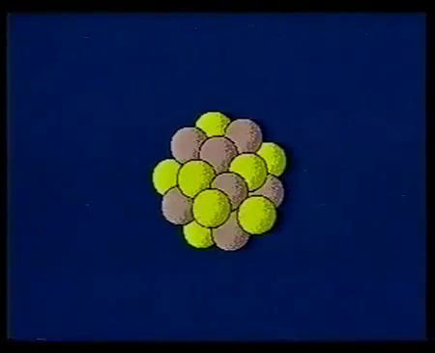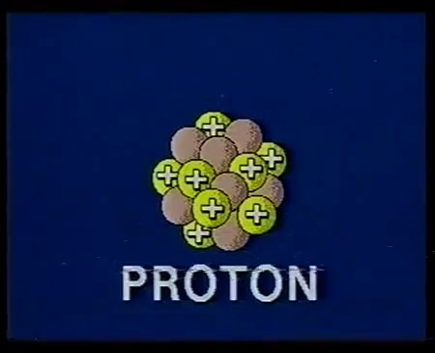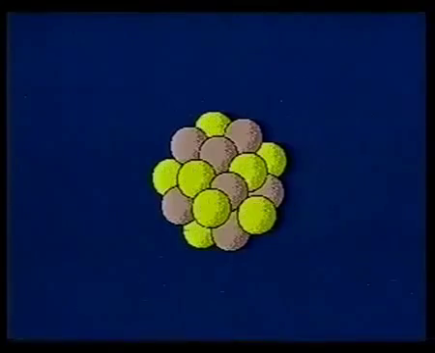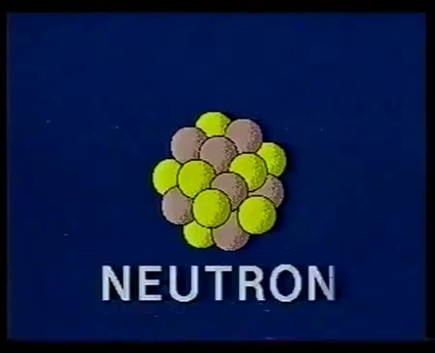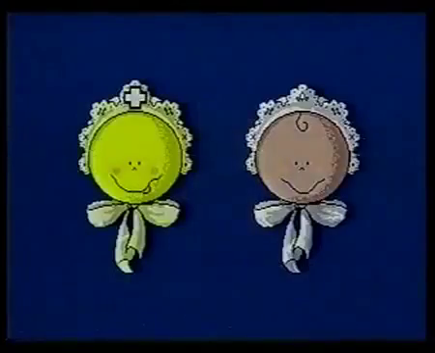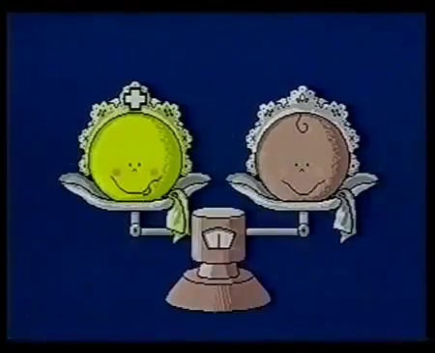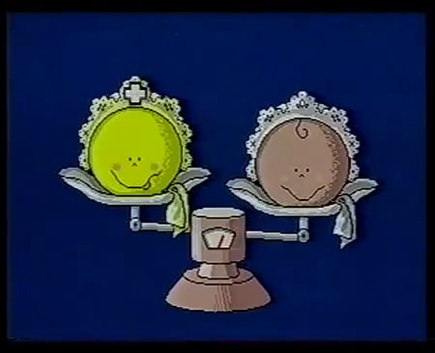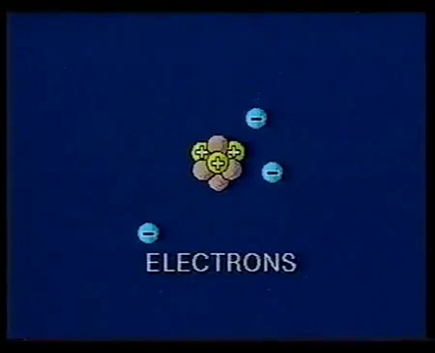Further evidence suggests that the nucleus is made up of particles called protons, which are positively charged, and neutrons, which are neutral in charge. Neutrons and protons are almost identical in mass. In the space surrounding the nucleus are tiny negatively charged particles called electrons.